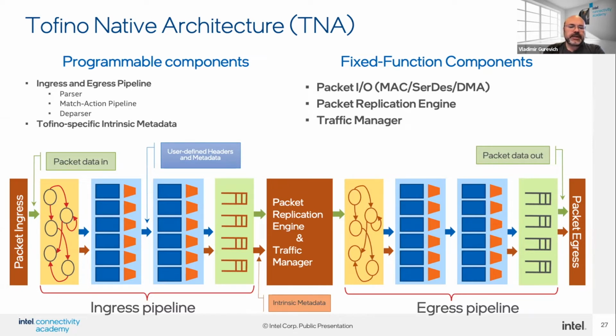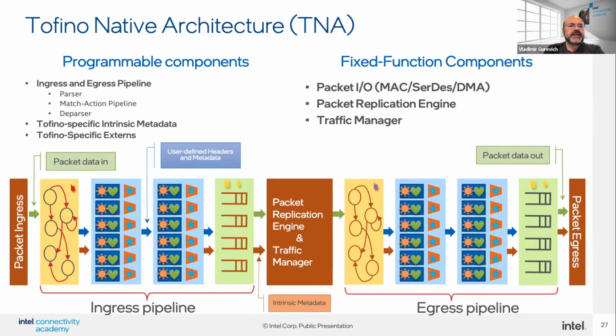This again is a very abstract picture. And the other thing that is also very important, and the P4 language has facilities for that, is that in reality, many devices have specialized components. They're called externs. They can perform unusual computations, like, for example, they can compute a hash, or they can produce a random number, or they can do all kinds of things that are necessary to build interesting programs.